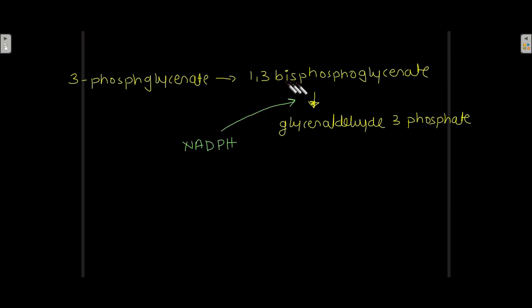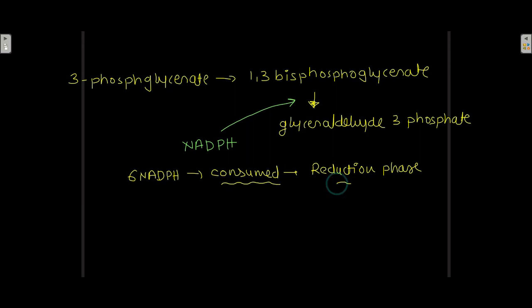Now to convert 1,3-bisphosphoglycerate into glyceraldehyde 3-phosphate, you require a NADPH molecule. Okay, 1 NADPH is required for this reaction, and this is the reason why 6 NADPH molecules are consumed during the reduction phase.